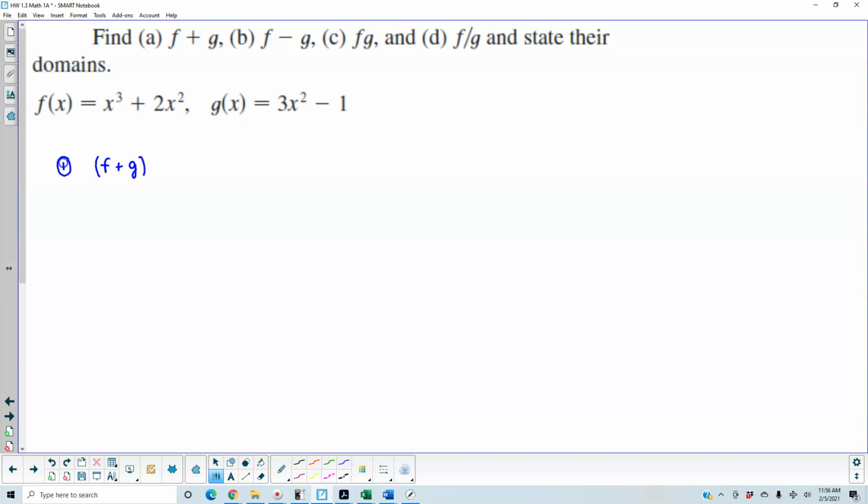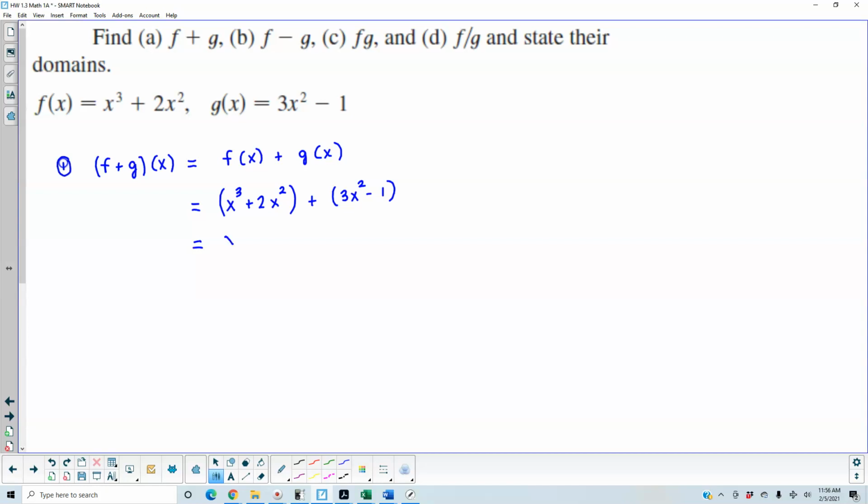plus g of x. So writing out the definition tells us that we should take f of x and then add g of x. So f of x is x cubed plus 2x squared plus g of x, which is 3x squared minus 1.